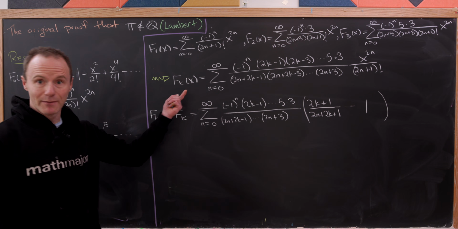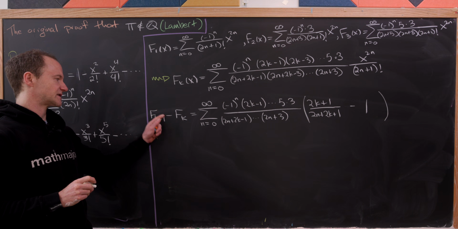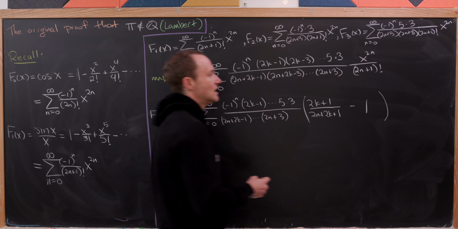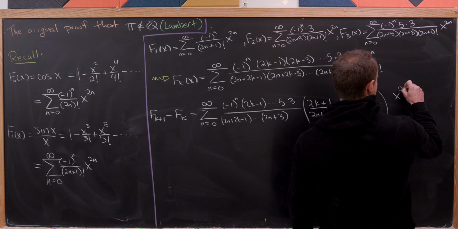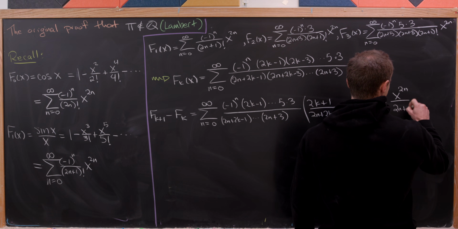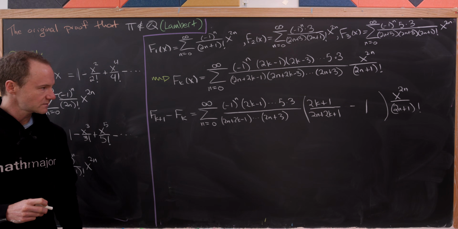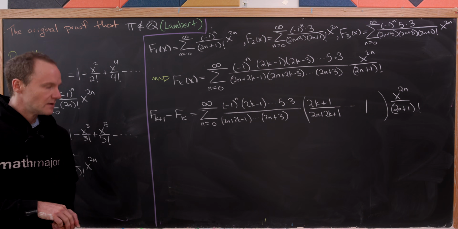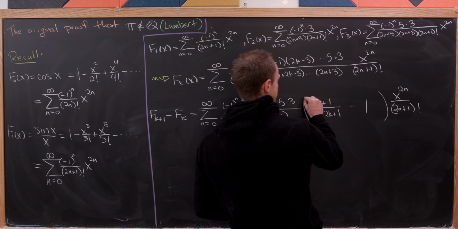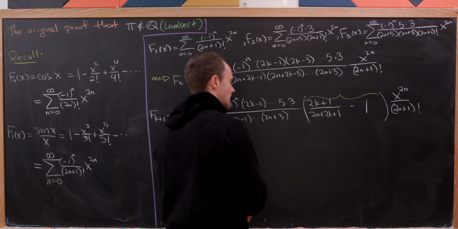So that's the top term of those descending products if we plug in k plus 1. And then, of course, we have our x to the 2n over 2n plus 1 factorial terms that come along for the ride.